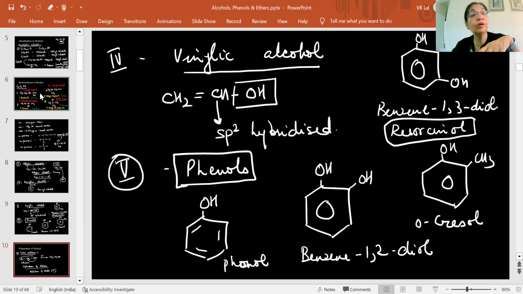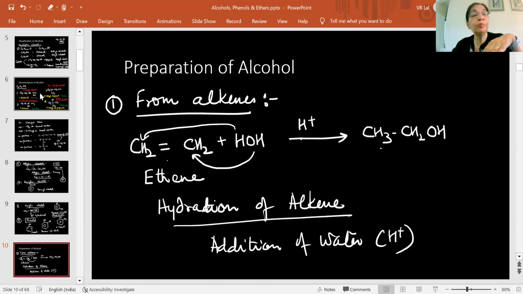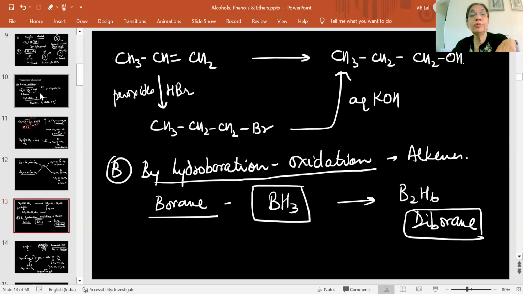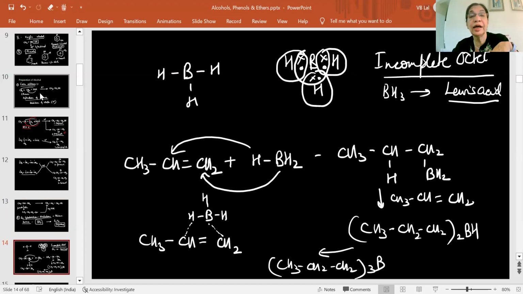We talked about phenols. Then we started preparation from alkenes, how to prepare alcohols, Markovnikov's rule. Then hydroboration oxidation, which is like anti-Markovnikov addition of water.